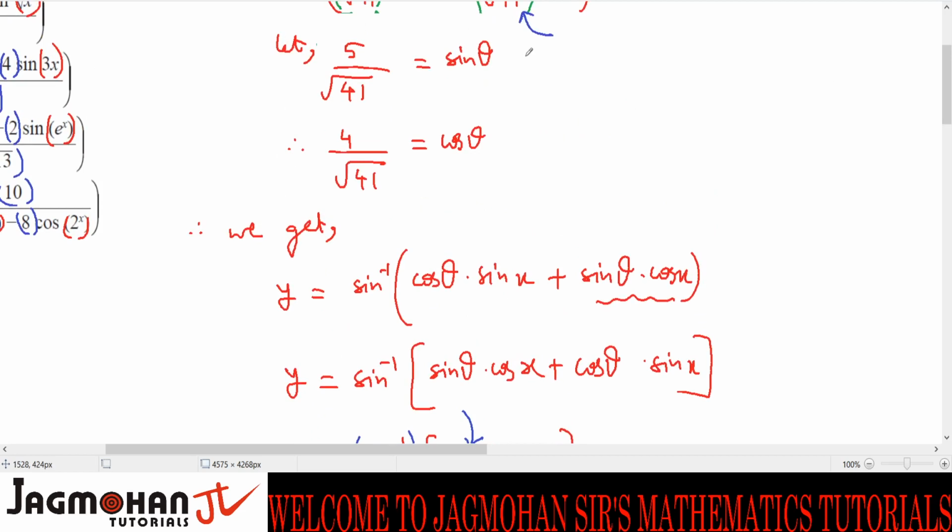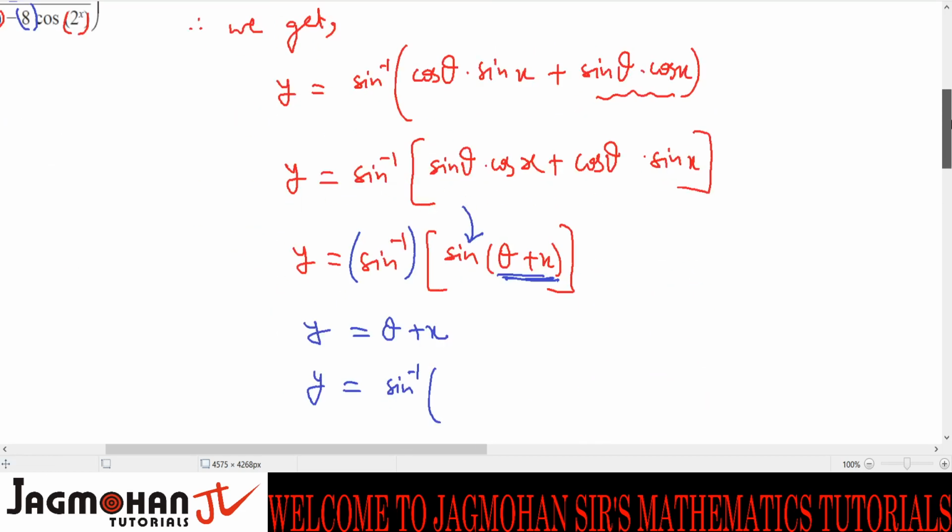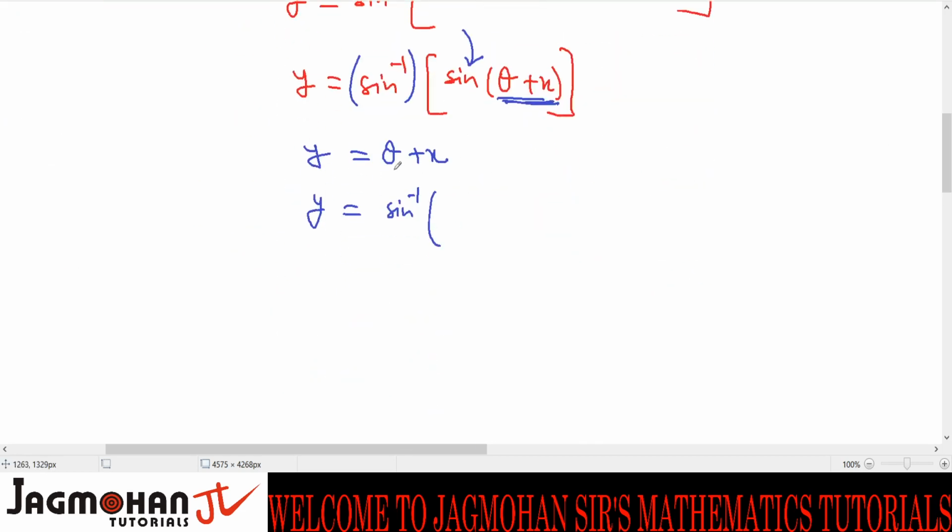You can write it from either of these, so I will write theta as sine inverse of 5 upon root 41. Therefore y equals sine inverse of 5 upon root 41, plus x. I'm substituting theta with sine inverse of 5 upon square root of 41, and x is as it is. Now you can understand how simple this has become.